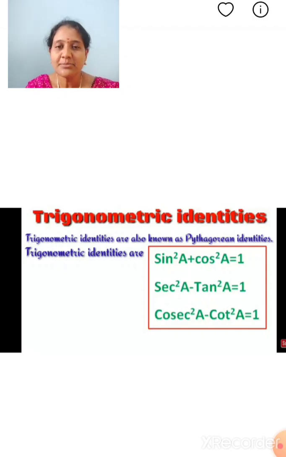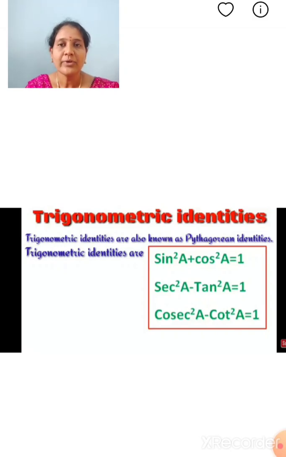What are the algebraic identities? (a plus b) whole square is equal to a square plus 2ab plus b square is one of the identities. When we take any two values for a and b, find the LHS value and the RHS value, you observe that the answers for LHS and RHS are both equal.